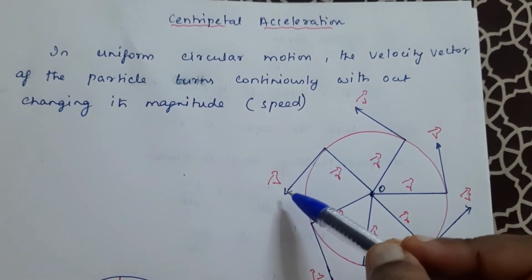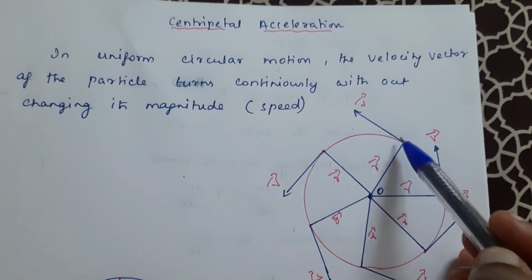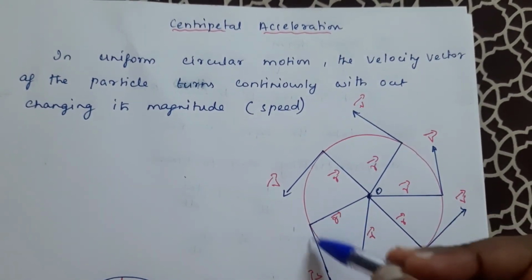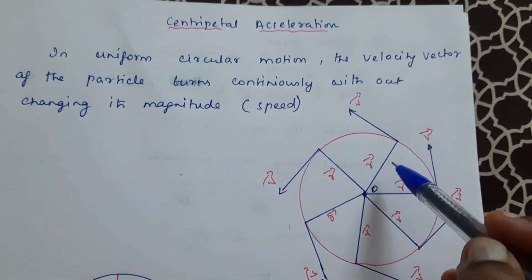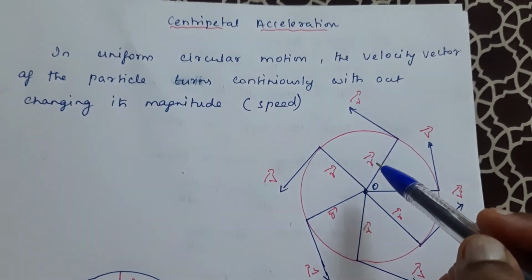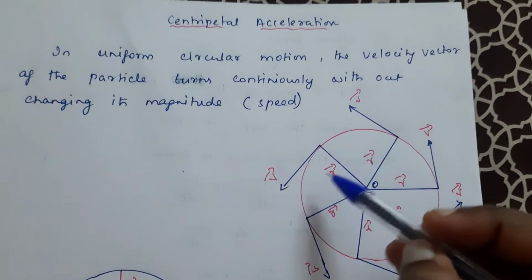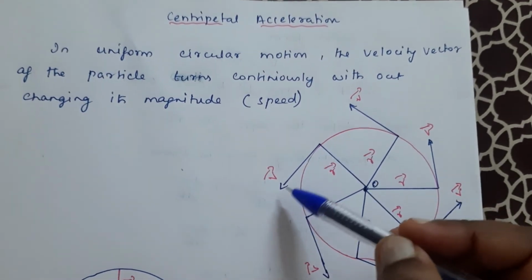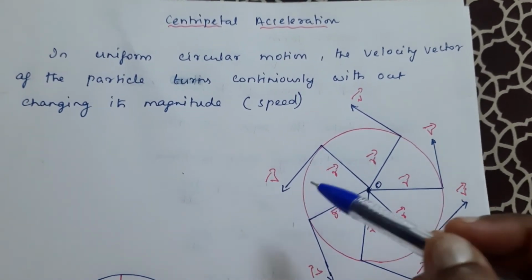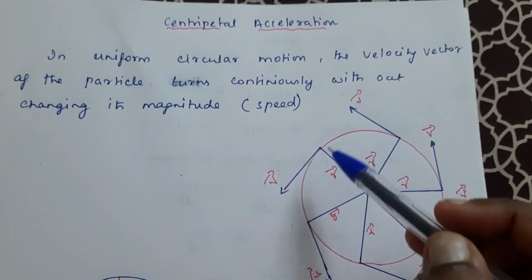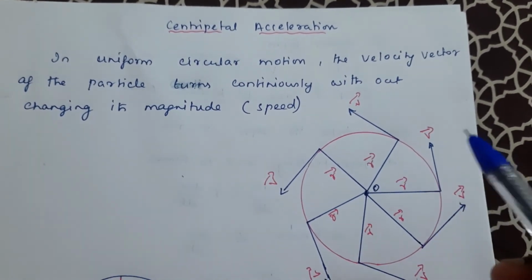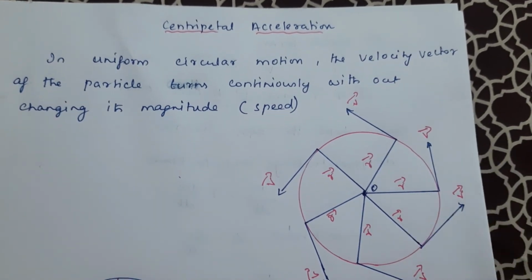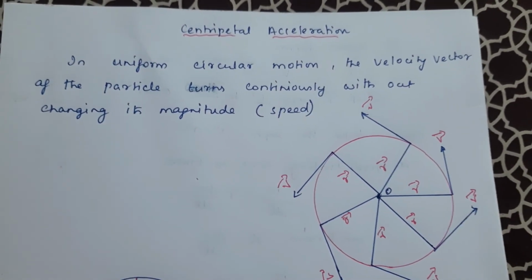You can see the length of the velocity vector is equal, so all the velocity vectors have equal length. What it shows is the speed remains constant.